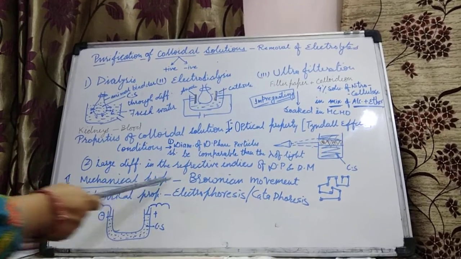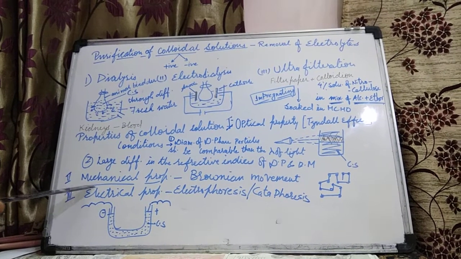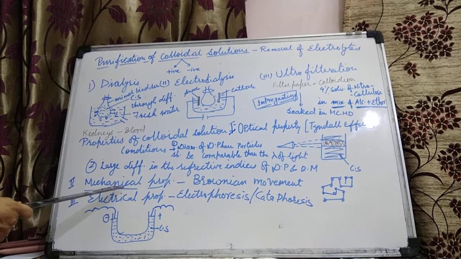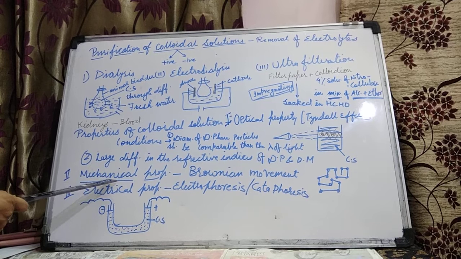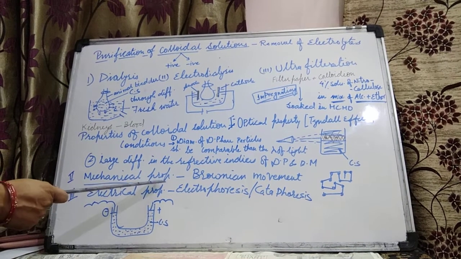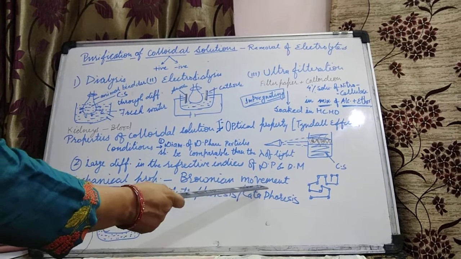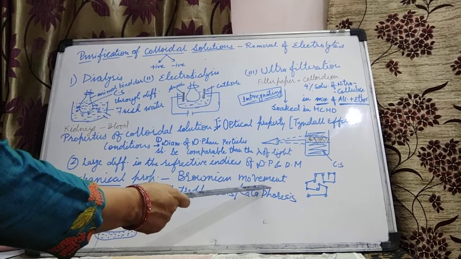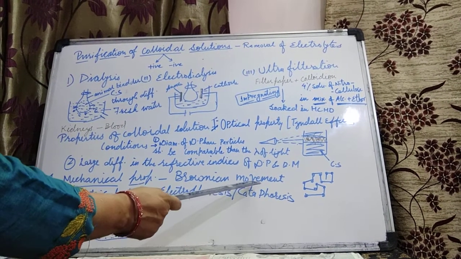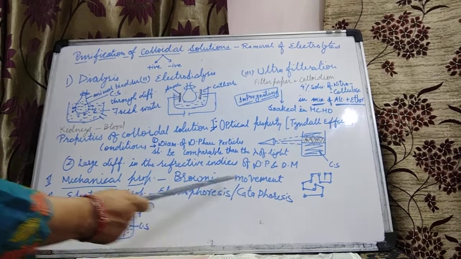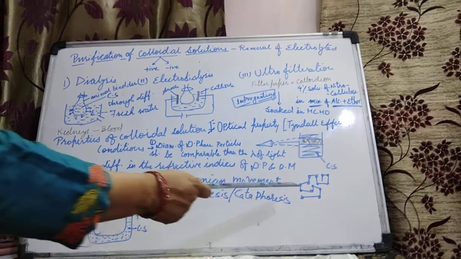Clear? Now the next property I am taking is the mechanical property. The mechanical property in colloidal solution is Brownian movement, Brownian motion. What is it actually? You have studied this in ninth class also.